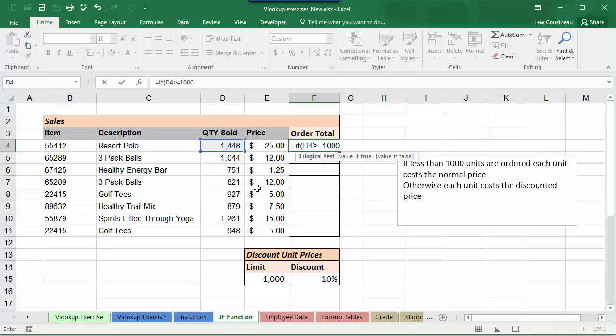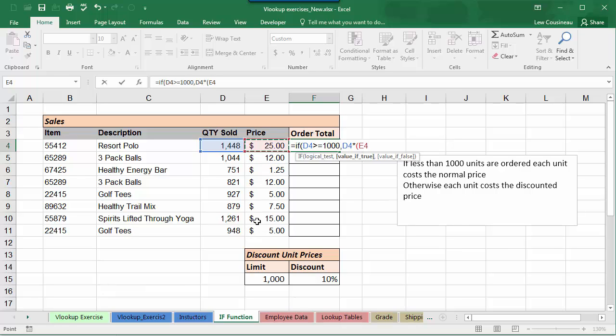When I'm done with my test, and that thing's going to return a true or false answer, I'm going to type comma. What am I going to do if it is true that it's greater than 1,000? Well, then I'm going to take that quantity sold times the price that's been reduced by 10%. So right here, I'm going to take quantity sold times, and what I want to do here is take the price and reduce it by 10%.